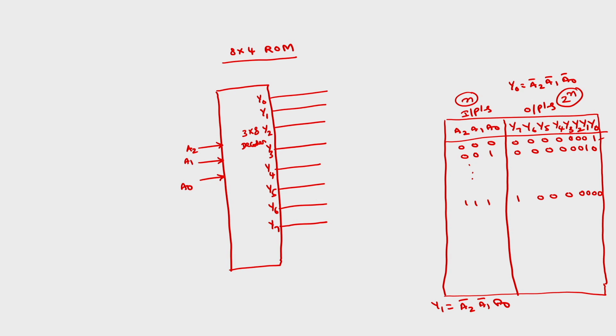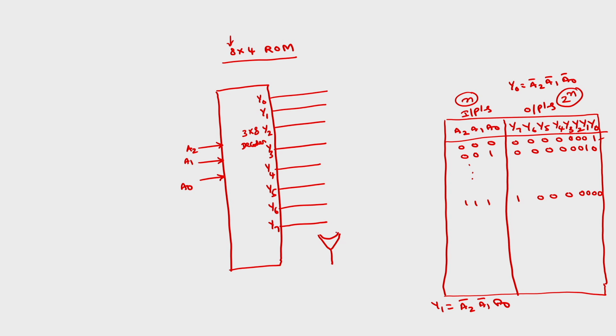Now in order to store 4 bits, we will be having so many OR gates. In case of ROM, this is the output of the decoder. Accordingly you can find out the number of inputs. The first block is a decoder and the second block is an array of OR gates.